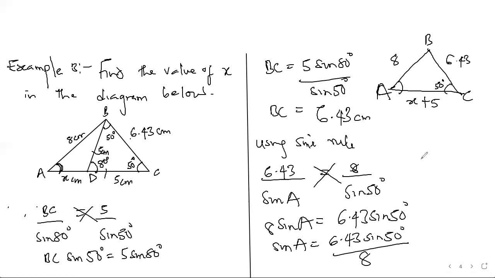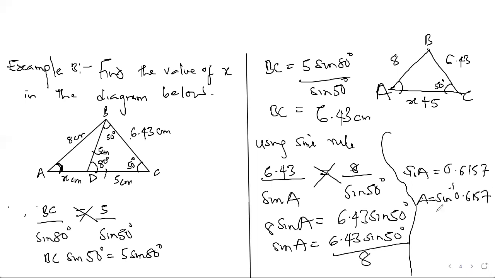Then it means sine A will be equal to 0.6157. A will be sine inverse of 0.6157. A should be shift sine of that answer. So that will be 38 degrees. Now A is 38 degrees.